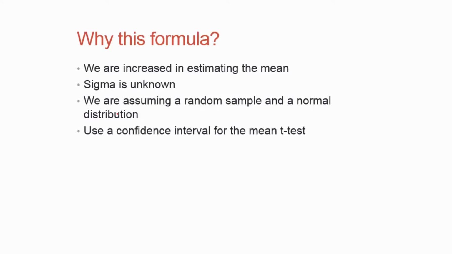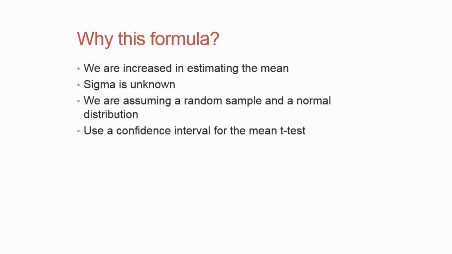So why are we using this formula? We are interested in estimating the mean, and sigma is unknown. We're assuming a random sample and a normal distribution. These are the important assumptions.